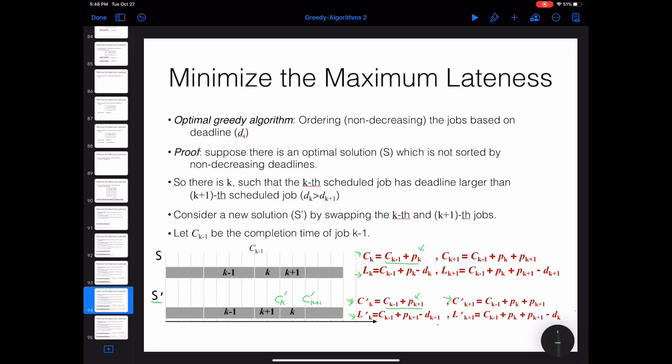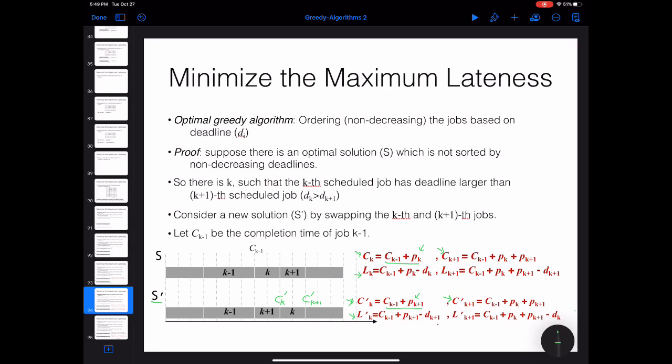But what about C prime K and C of K plus 1, these two? You can see that all the terms are actually the same. So C prime K and C of K plus 1 are the same.